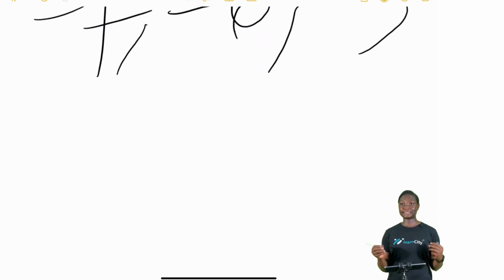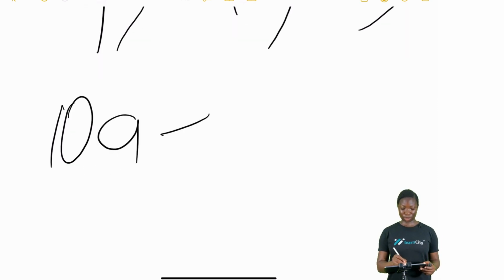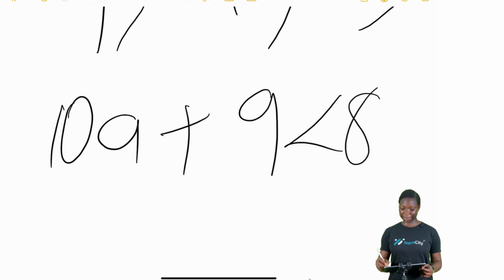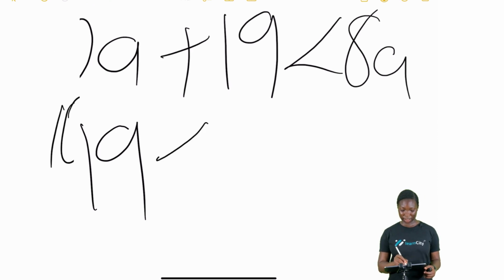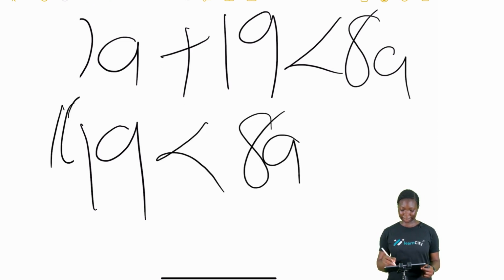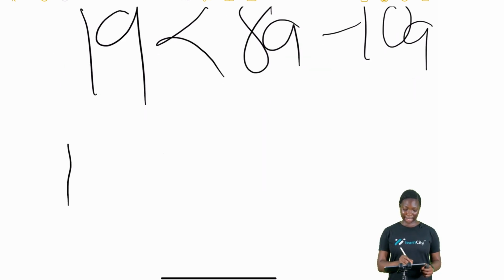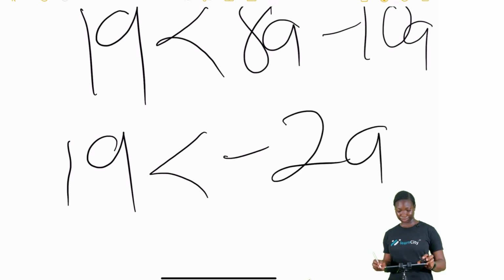Now, for our last example, we have 10a plus 19 less than 8a. So we have 19 less than 8a minus 10a. So we have 19 less than minus 2a.